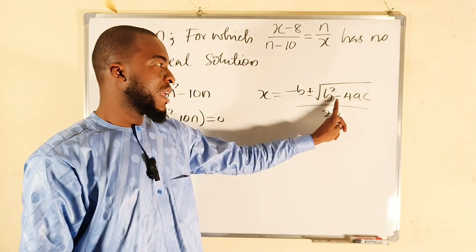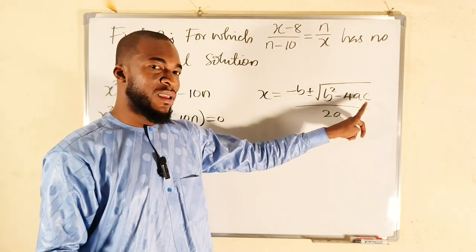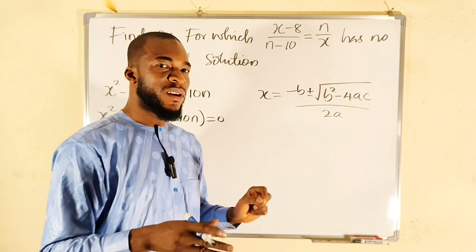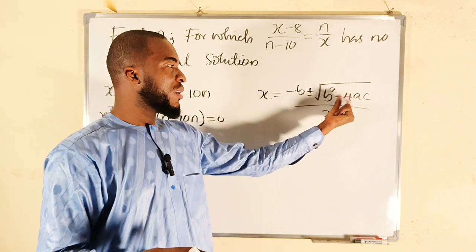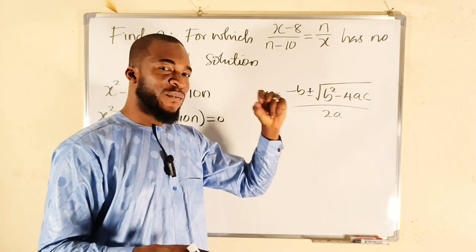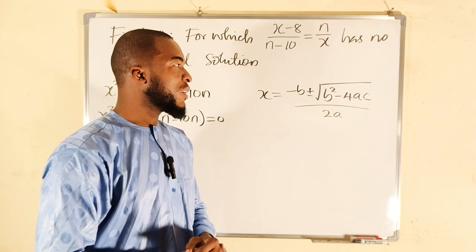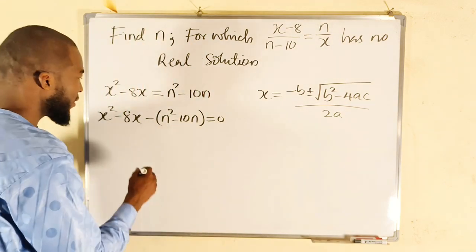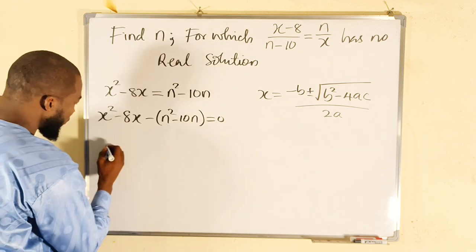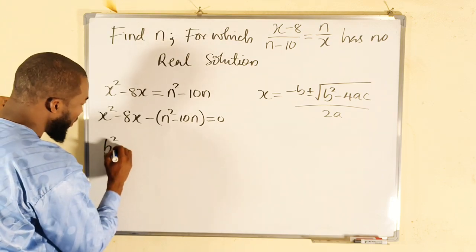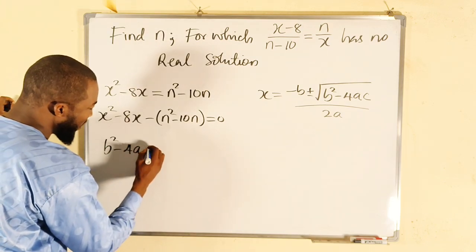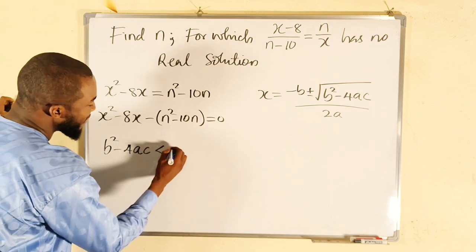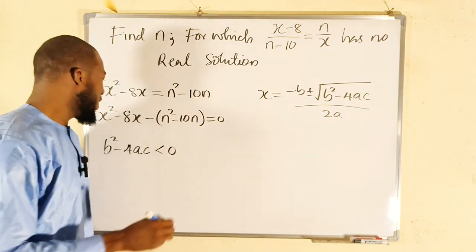So the radicand here, b squared minus 4ac, is what we consider to be the discriminant. Once you evaluate the discriminant and you realize a value less than 0, it means that quadratic equation has no real solution. So for this to be true, b squared minus 4ac will have to be less than 0.